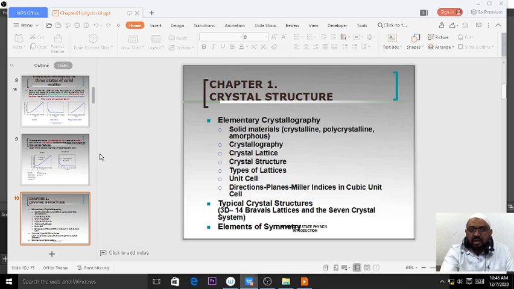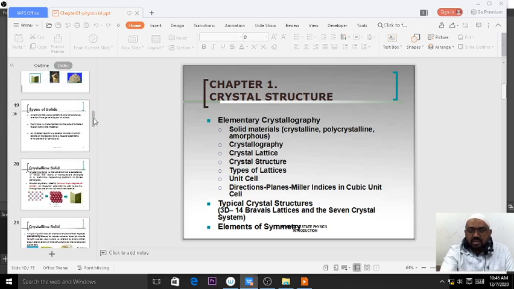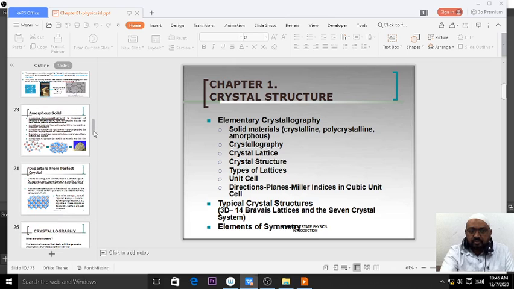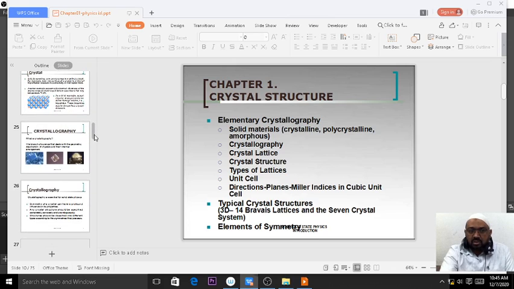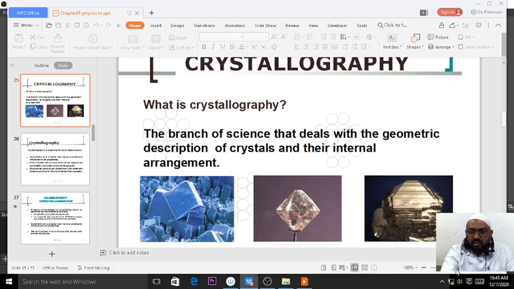We have already discussed that in our previous classes, so now we move on to the main topic here, what we are going to learn about crystallography.